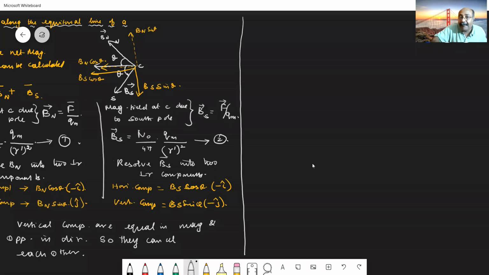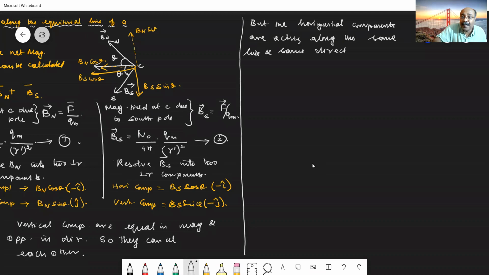But the horizontal components, from the diagram, it is clear that they are acting along the same line and the same direction. So the net magnetic field at C is equal to the sum of the horizontal components.